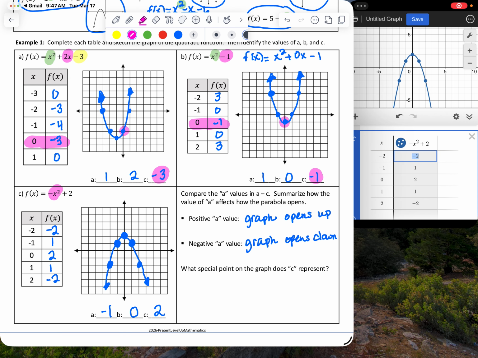In problem C, our C value was +2. That occurred right here. So notice on each graph, the value of C is always where the function touches the y-axis. The value of C is always going to be your y-intercept.